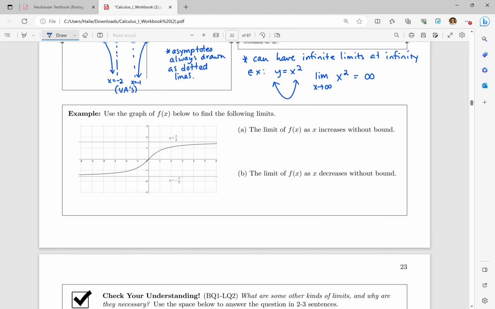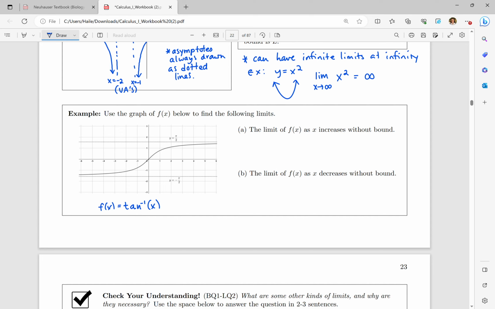So for our last example, we're going to use the graph of f of x below to find the following limits. So just for your trivia here, f of x in this graph is equal to the inverse tangent function. So it might have been a minute since you've seen a graph of that. If it's been a while since you've had pre-calculus, or that was at least probably last year for a lot of people.